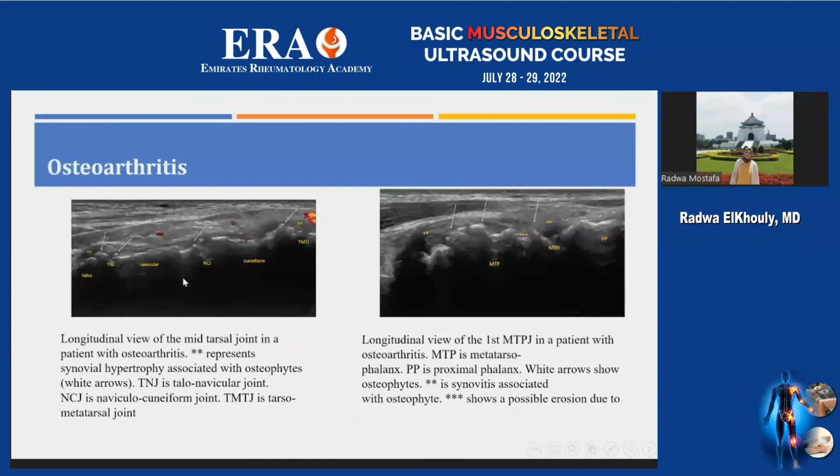Osteoarthritis appears as cortical irregularities with osteophyte formation, maybe at the talonavicular, navicular, cuneiform, where the osteophytes appear as a step up from the bone. Here is the cortex, and we see a step up of bone above it. Also in the first metatarsal, we can see osteophytes and cortical irregularity with step-up osteophytes.